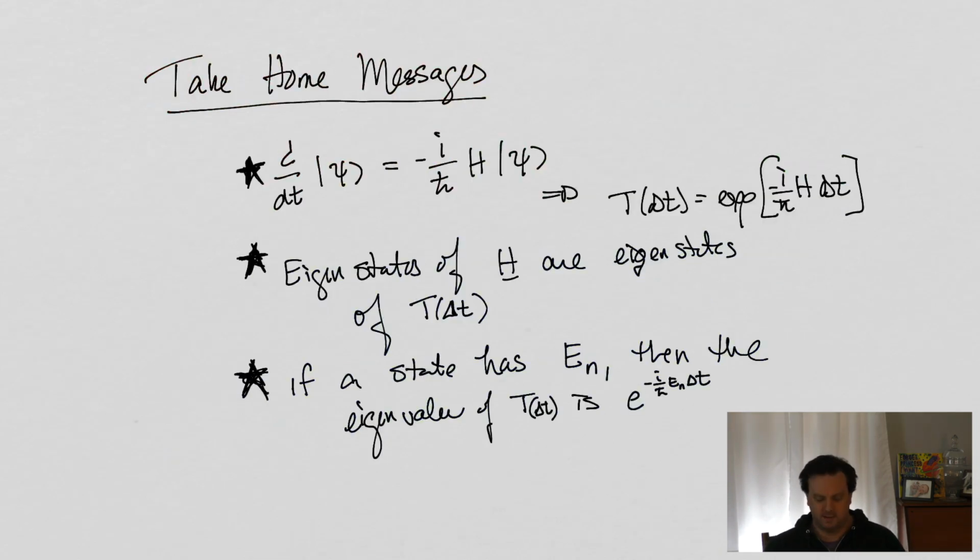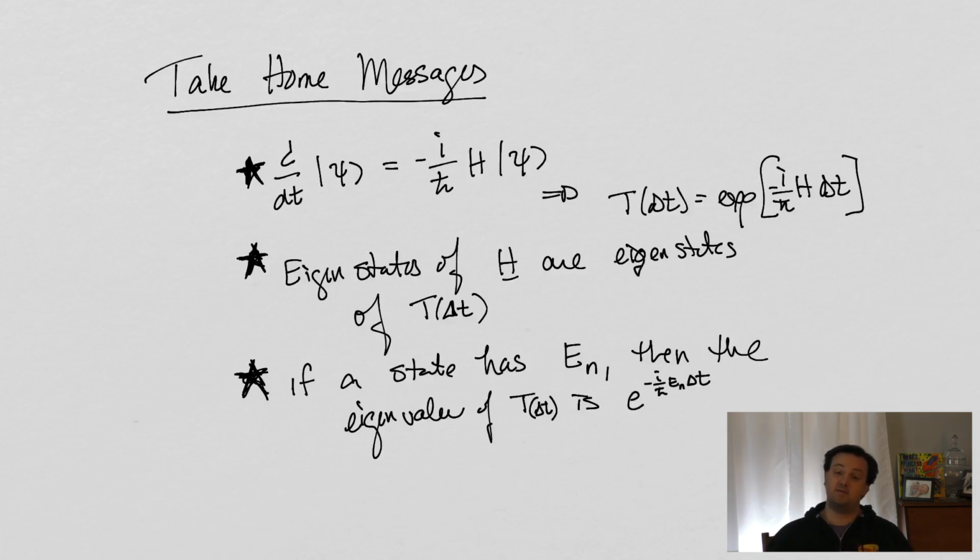All right. So, what do I want you to know for today? One, the Schrodinger equation is a time-dependent equation. It tells me how states evolve through time, and the big meaning of that is that each of the eigenstates of the Hamiltonian, each of the eigenstates of the energy operator, has its own eigenvalue of the time evolution operator, which tells me how to advance that state through time.